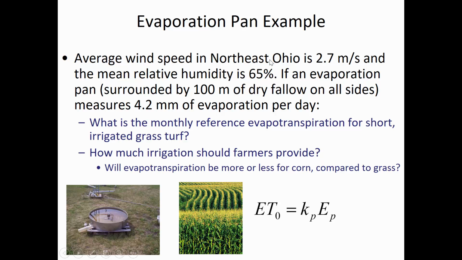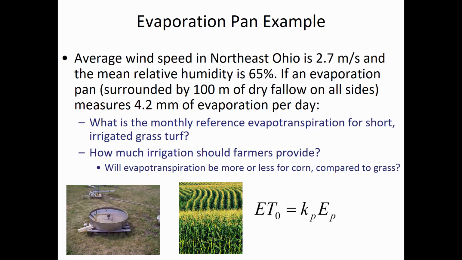And so just to get an idea of how these calculations work, what we can do is look up values off of the table. If we have an area where 2.7 meters per second is the wind speed and a relative humidity of 65%, and we've got this pan set out, oh no, it's fallow, okay, 100 meters of fallow on all sides, and it's measuring 4.2 millimeters of evaporation per day.